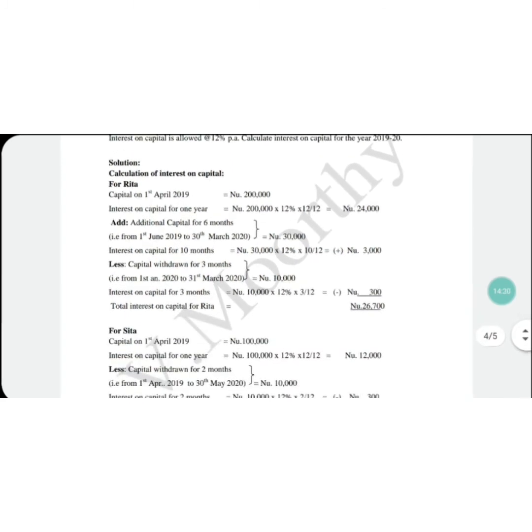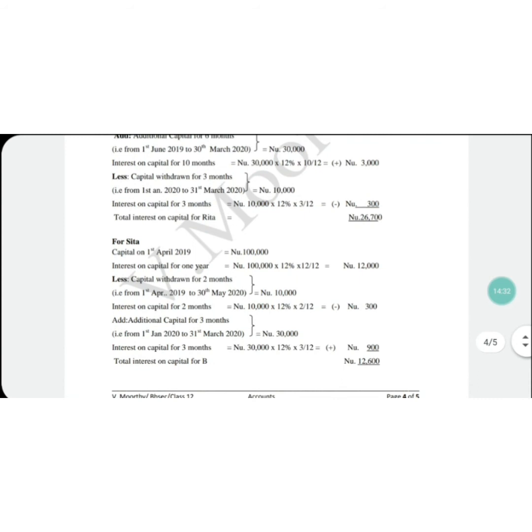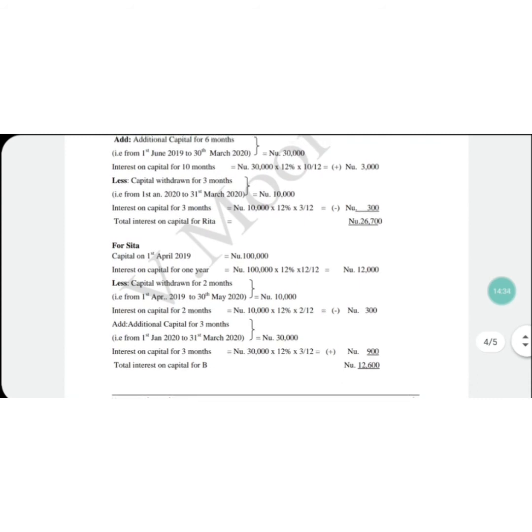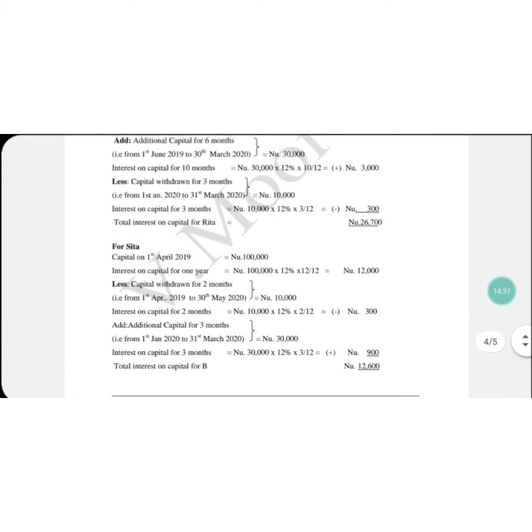In the similar way, you have to calculate for Sita also. Capital on 1st April 2019 is 100,000. Interest on capital for 1 year: 100,000 times 12% times 12 divided by 12 comes to 12,000.